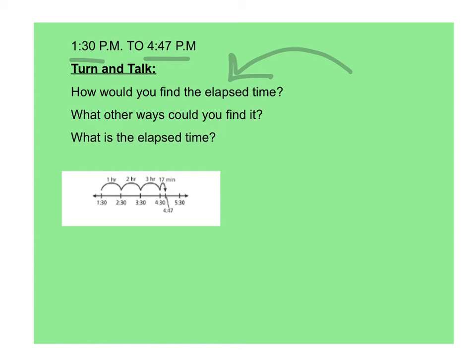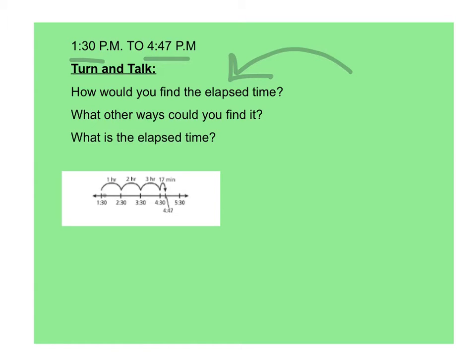So one of the easy ways, now if we were at school, we'd have what they call a Judy clock, which you could actually move the hands and count, which would be a lot easier, but of course we're not there. So if you put it on a number line, or if you were just to count, you say 1:30, you would keep track of the hours that you would count to get as close to 4:47 as possible without going over.